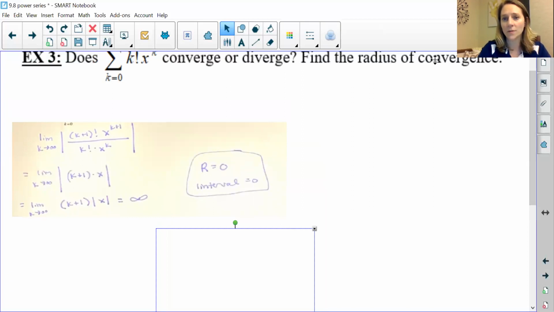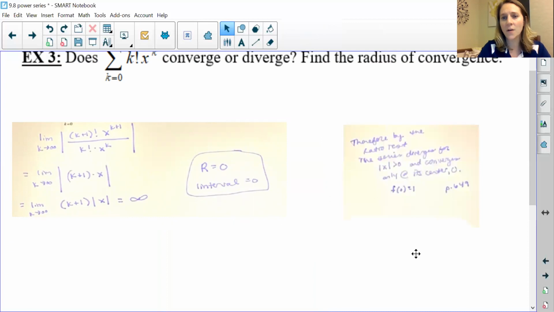Well, it won't, right? So therefore, by the ratio test, the series diverges for all x values, not 0, because we couldn't have a 0, and converges only at its center 0.